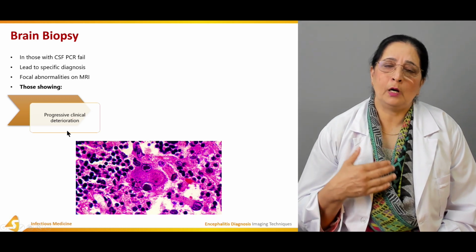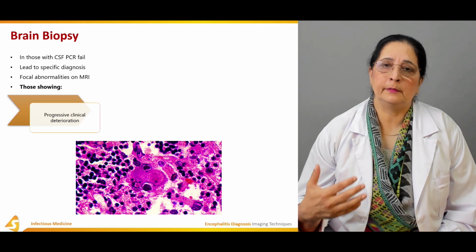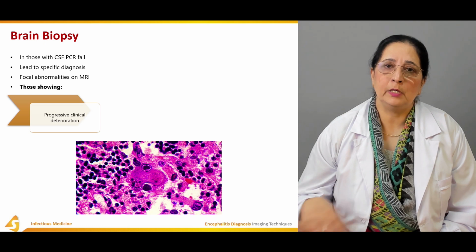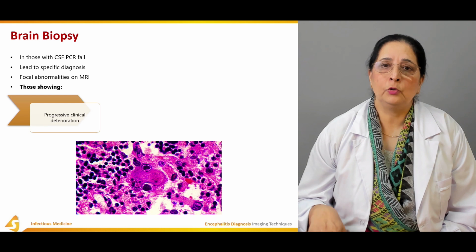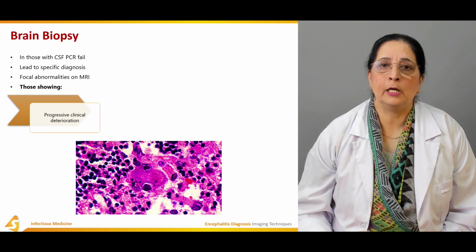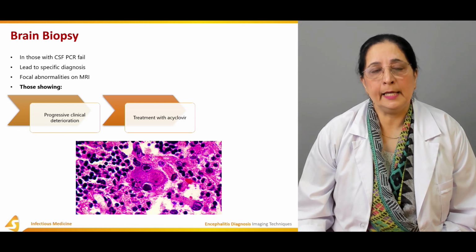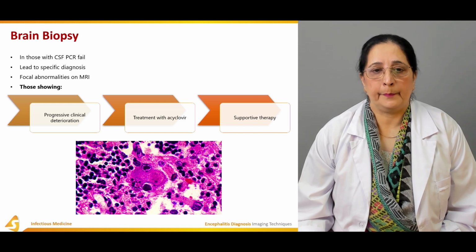So patients who are progressing in their symptoms, with slowly progressing disease, we should go for the biopsy to find out the specific cause. Treatment is with acyclovir and supportive therapy.